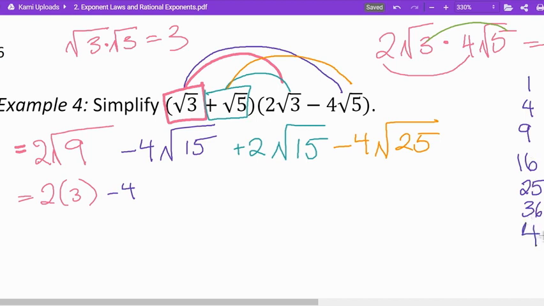7 squared, 8 squared, 9 squared, 10 squared, 11 squared, 12 squared, 13 squared, 14 squared, 196. That was 14. What's 15 squared? 225.